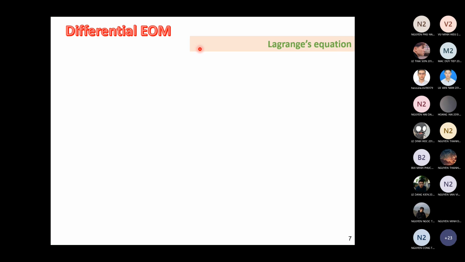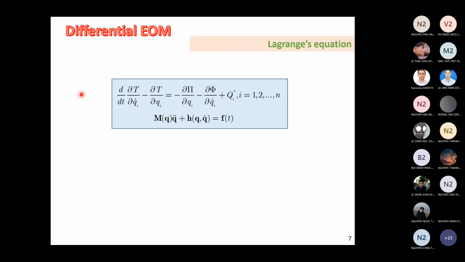You need to use another tool called the Lagrange equation, or you can always say the energy method. So for the energy method or the Lagrange equation, you need to understand and learn by heart this Lagrange equation, because you will use it from now to the last lectures of this course.